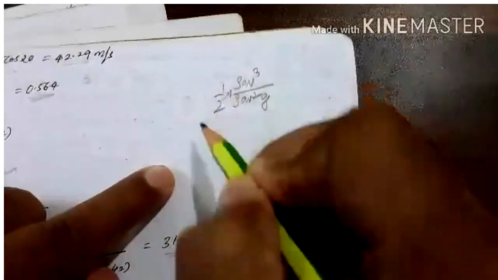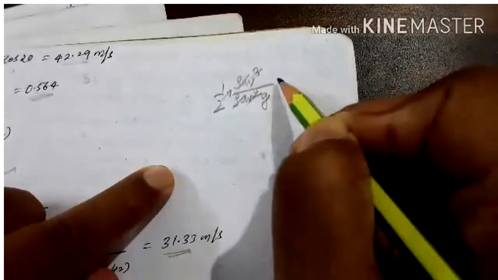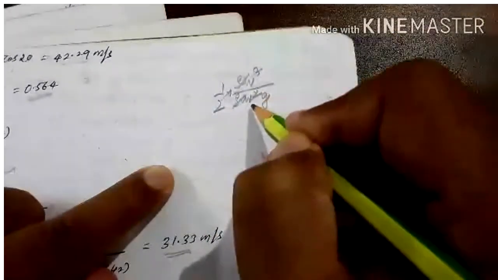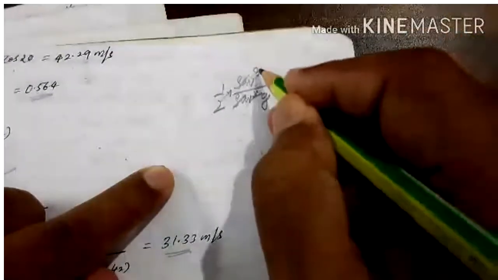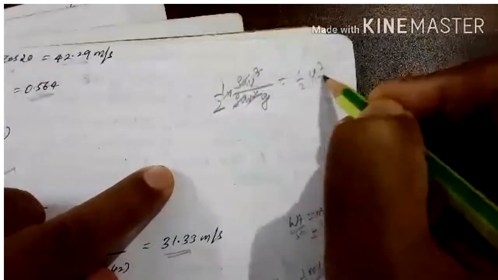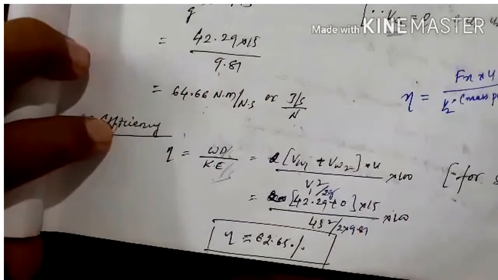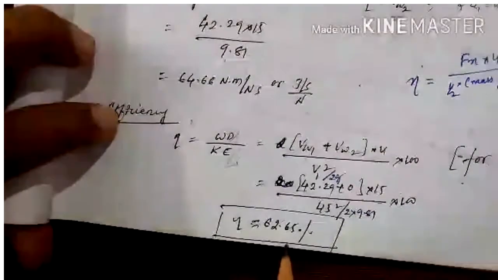One velocity gets cancelled, and so we get half v square by g. So we get v square by 2g for a series of vanes. Substitute here, you get the efficiency.